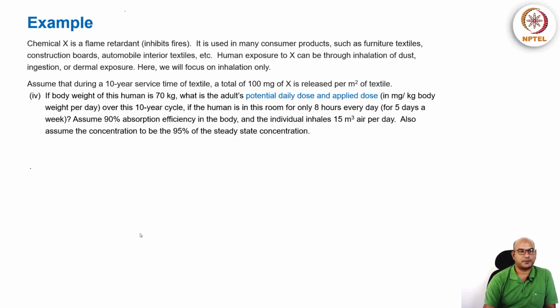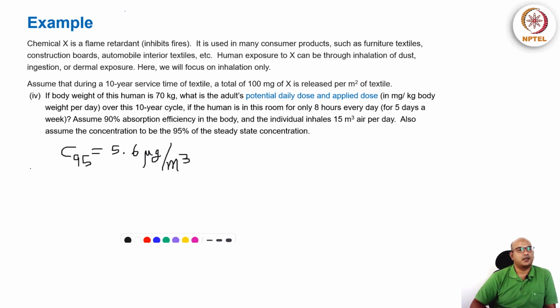Now let's see the next part. For reference, I am going to quickly write this: C95 is equal to 5.6 micrograms per meter cube. Now, if the body weight of the human is 70 kilos, what is the adult's potential daily dose over this 10-year cycle?